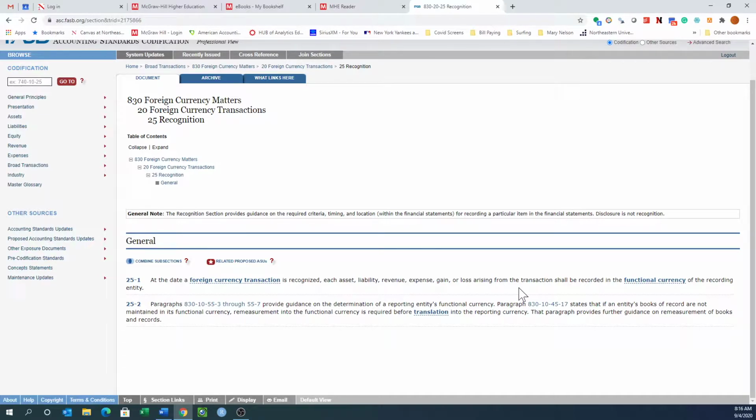So any type of transaction that is defined as a foreign currency transaction, which is not our functional currency, we've got to translate that to the functional currency. We'll talk a little bit later about what you do when you have to make that change.